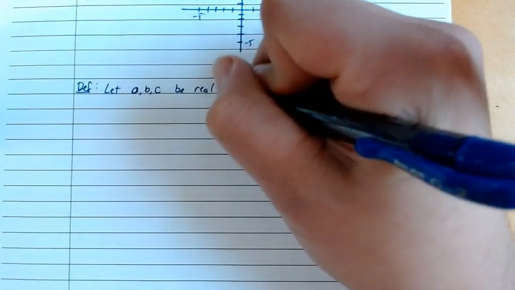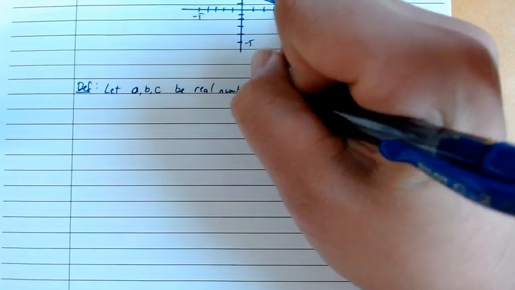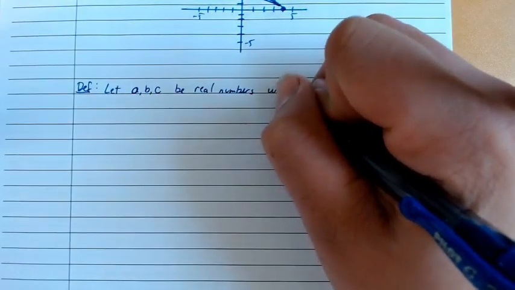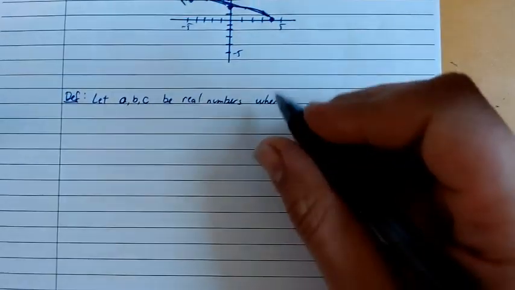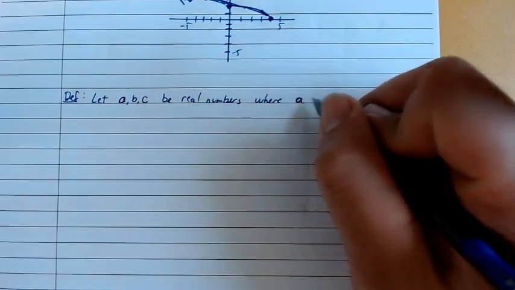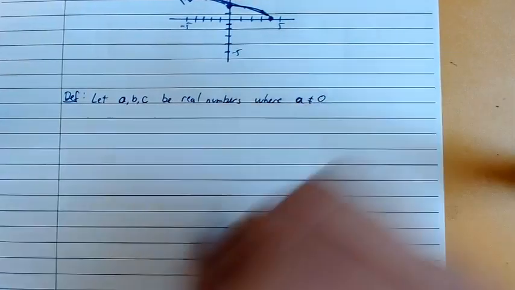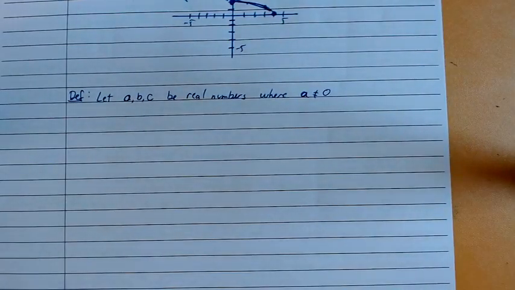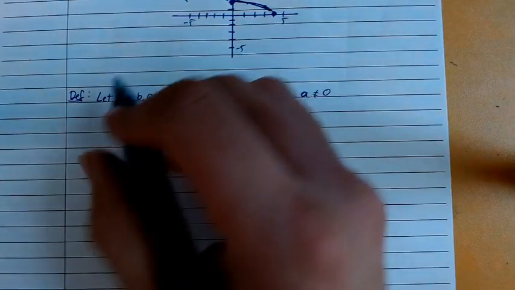Let's begin with, let A, B, and C be real numbers where A is not equal to 0. And, I guess I'm missing one. I need one more.